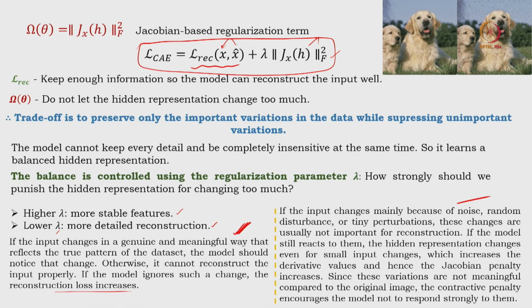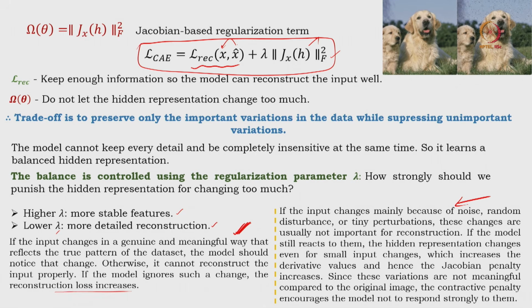Right? On the other side, look at this analogy where the variations have occurred because of noise or random disturbances. Then these changes are not at all important. Suppose the model captures these, the derivative has increased, the Jacobian matrix values have increased, then the squared values have increased, then the overall penalty has increased. If the penalty has increased, we will always ensure that the penalty stays low.